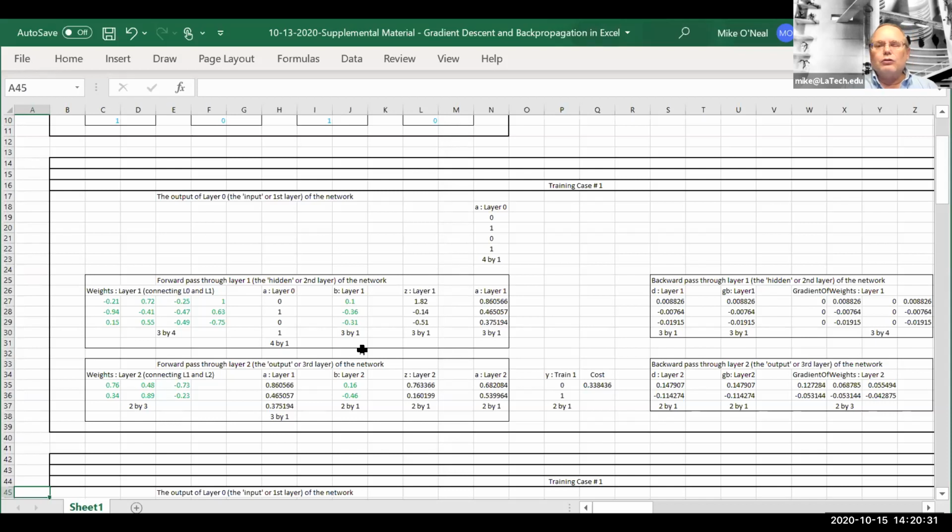As a side note, when I first created this spreadsheet, and was trying to get it to work before I had ever written the program, I had just thrown 0.5 in as all of the weights and biases. I went, well, I don't know what they're supposed to be. They're supposed to be random.